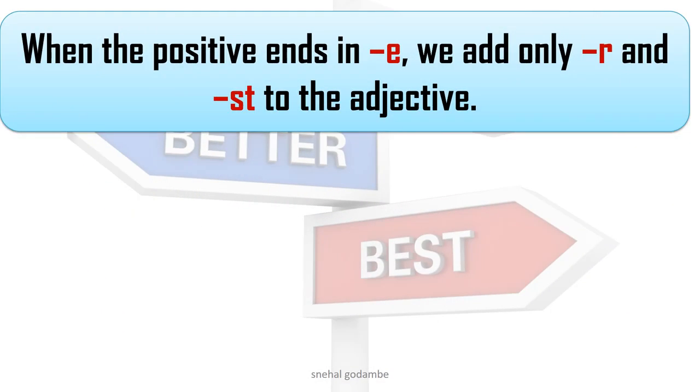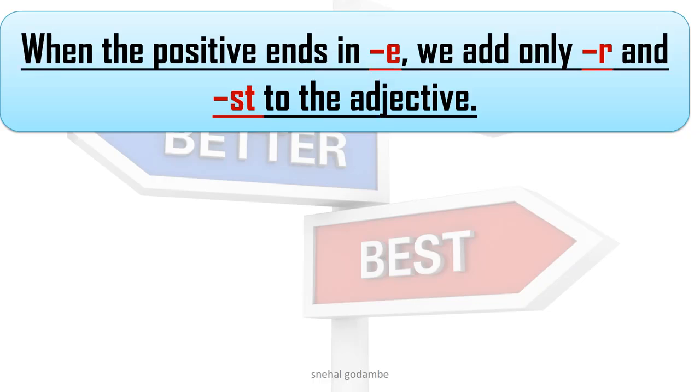Next rule: when the positive ends in E, we add only R and ST to the adjective. Just now we have seen that we have to add ER and EST.